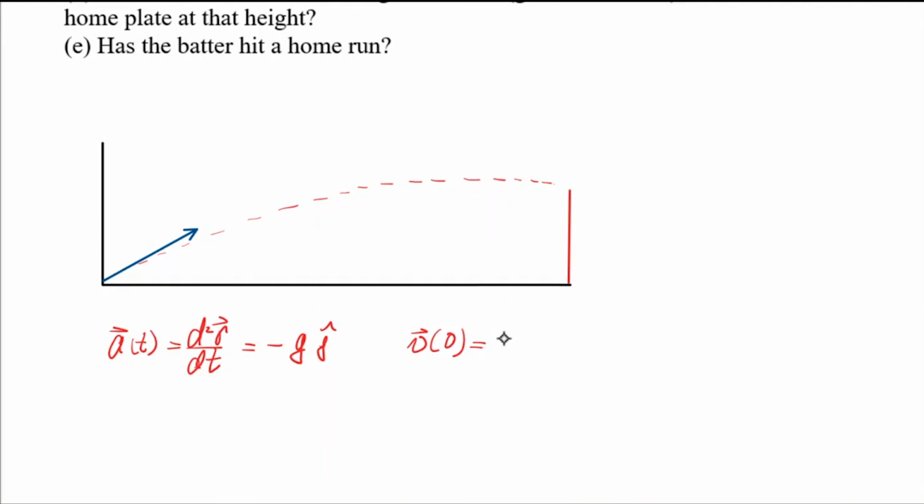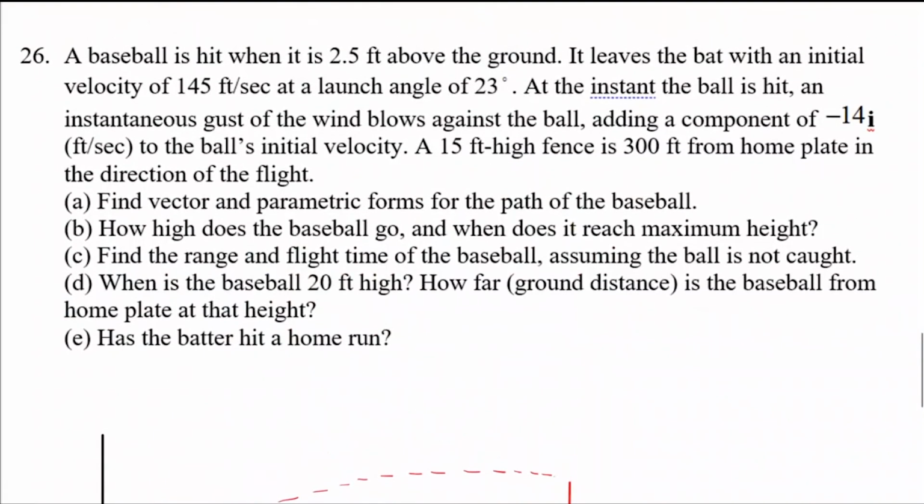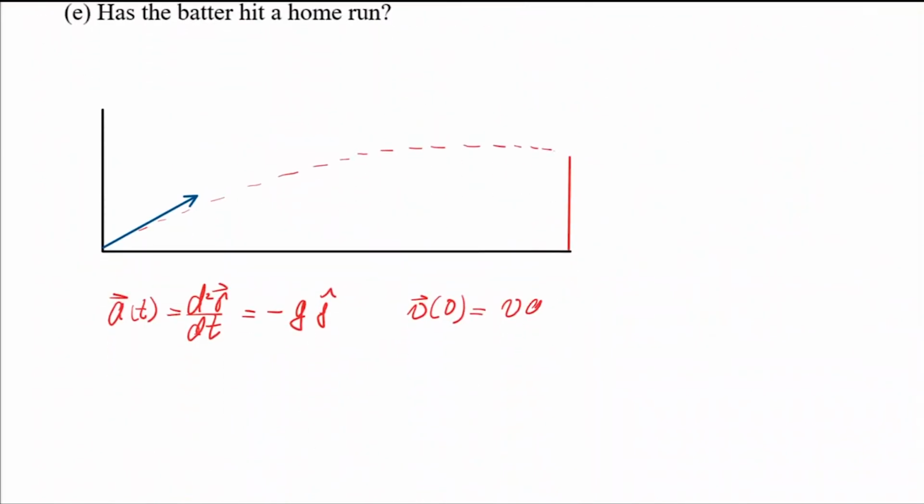So initial velocity is V cosine theta, whatever they give you, which is 145 feet, right? So V cosine theta, and this theta right here is 23 degrees, i vector plus V sine 23 degrees j vector.